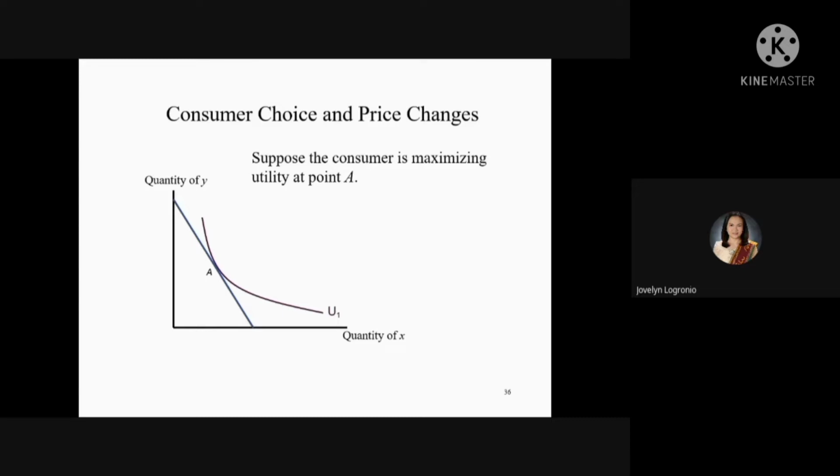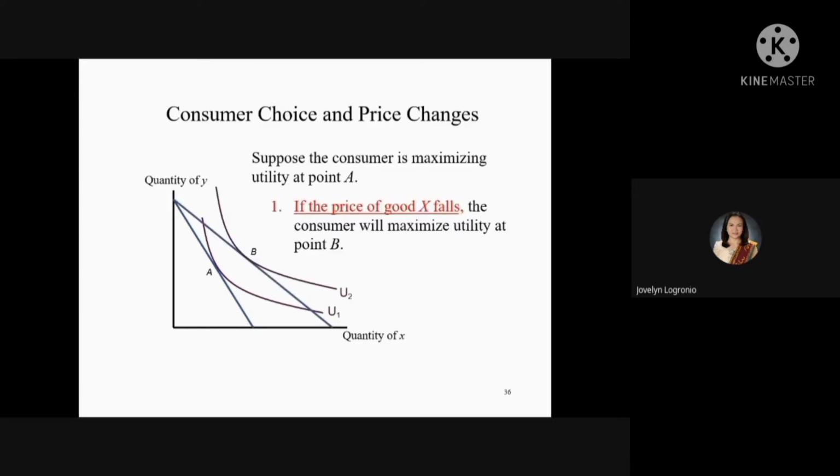So the situation is that if the price of good X falls, the consumer will maximize utility at point B. The decline in the price of good X is represented by the rotation of the budget line to the right. Diba? Ito yung initial budget line.